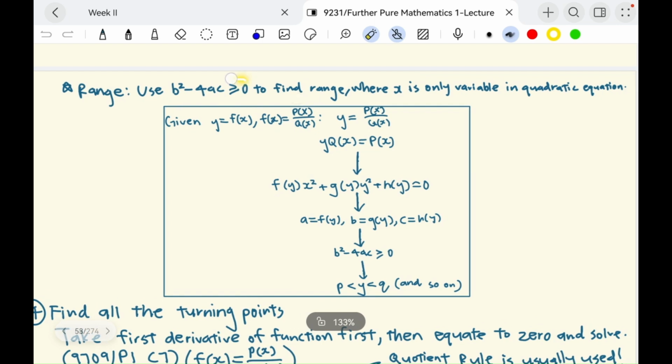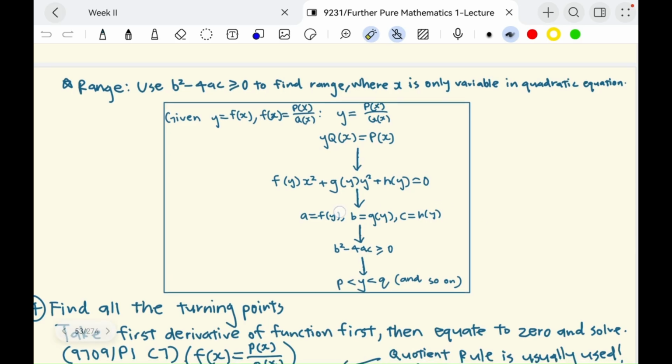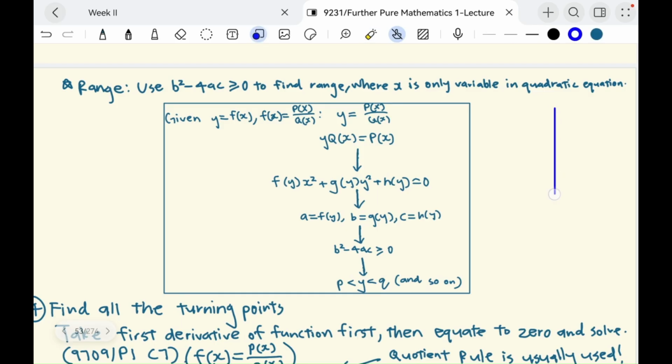You have to use the discriminant b square minus 4ac is greater or equal to 0. Why? Because in the reciprocal functions, they are up and down, but they are opposite to each other, and there is no adjacent graph beside, above, or below them.